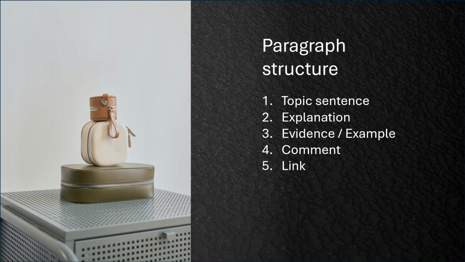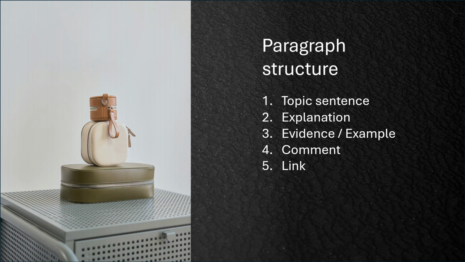A standard academic paragraph will be structured in the following way. Start with the topic sentence that succinctly explains the main arguments of the paragraph. In the next couple of sentences, add details to clarify the points you're focusing on. Then provide a quote or summary that supports the argument you're making.